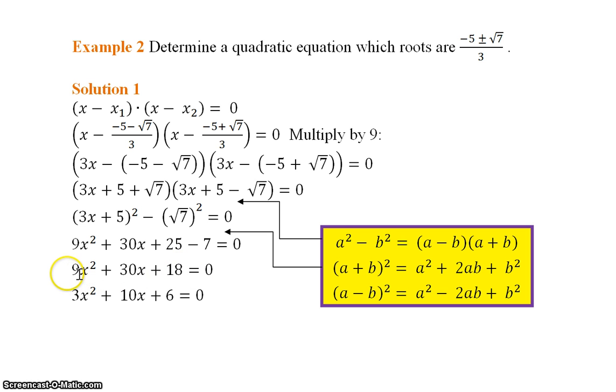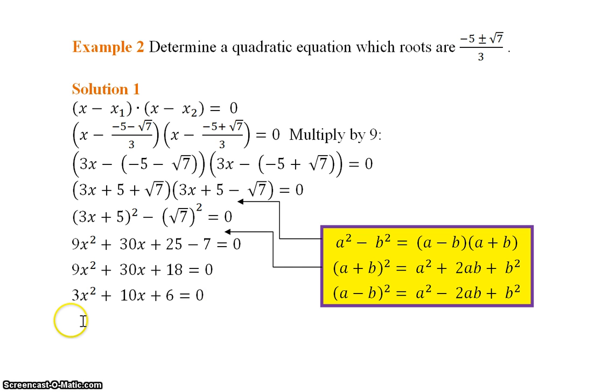And because all the terms of the quadratic trinomial 9x squared plus 30x plus 18 are divisible by 3, we can divide both sides of this equation by 3. And we get the equation 3x squared plus 10x plus 6 equals 0.